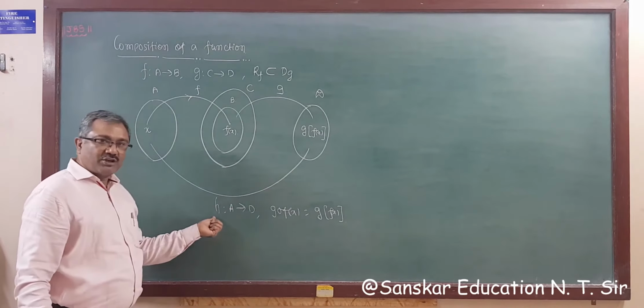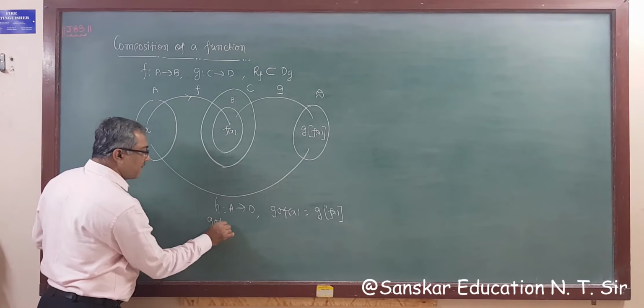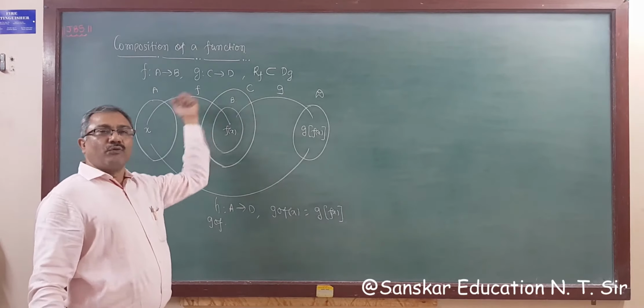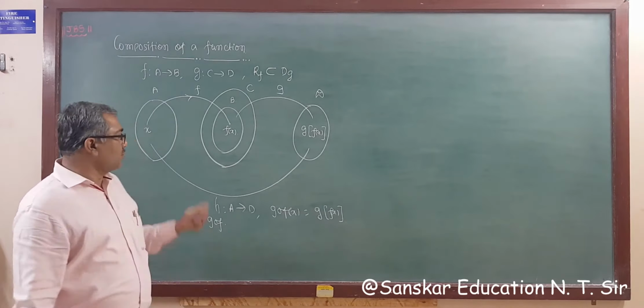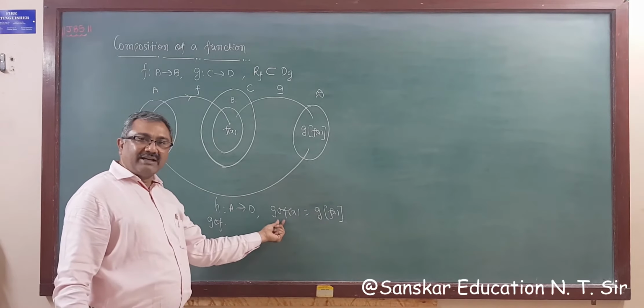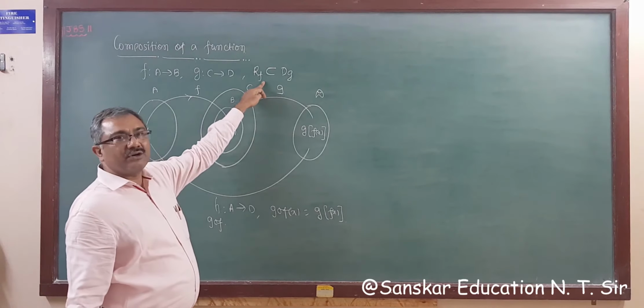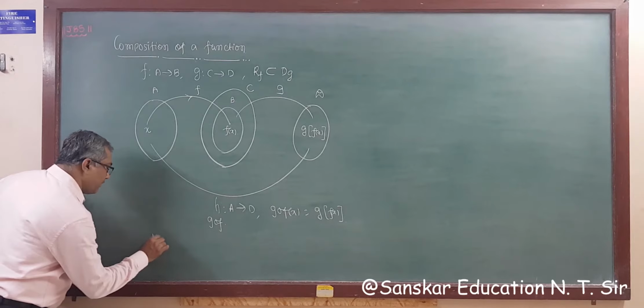So this h is g over f, the composition of f and g. You have to remember that g over f is defined if the range of f is a subset of the domain of g. This is the important point for you to remember.